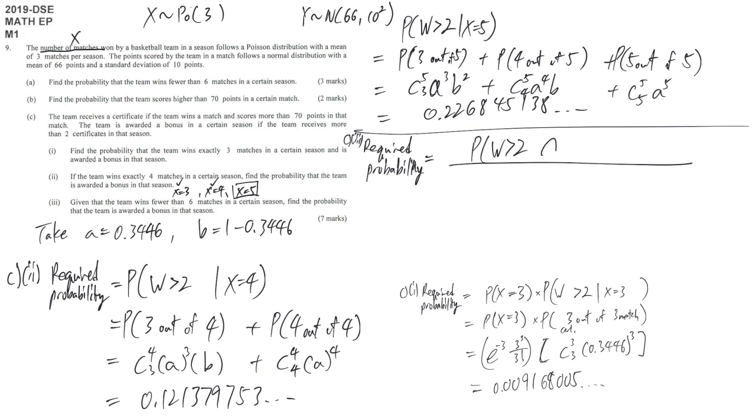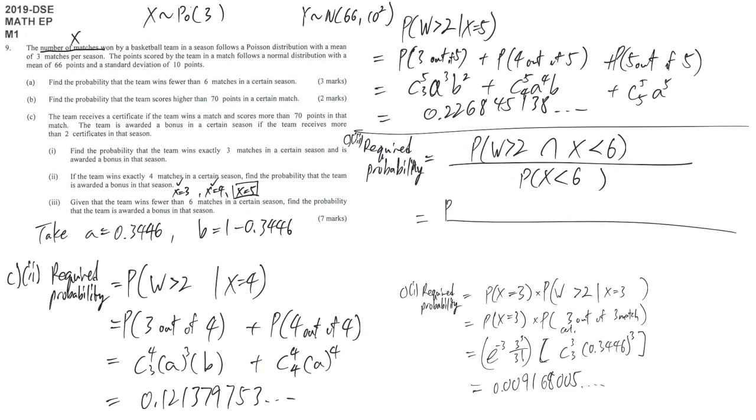So now the conditional probability is in case that we have enough certificates, at the same time, the number of winning matches is less than 6, divided by the denominator, that means the given condition, win less than 6 matches. So this part, the denominator, is exactly the same as the answer in part A. But for this part, because we have an inequality here, we have to separate into 3 cases.